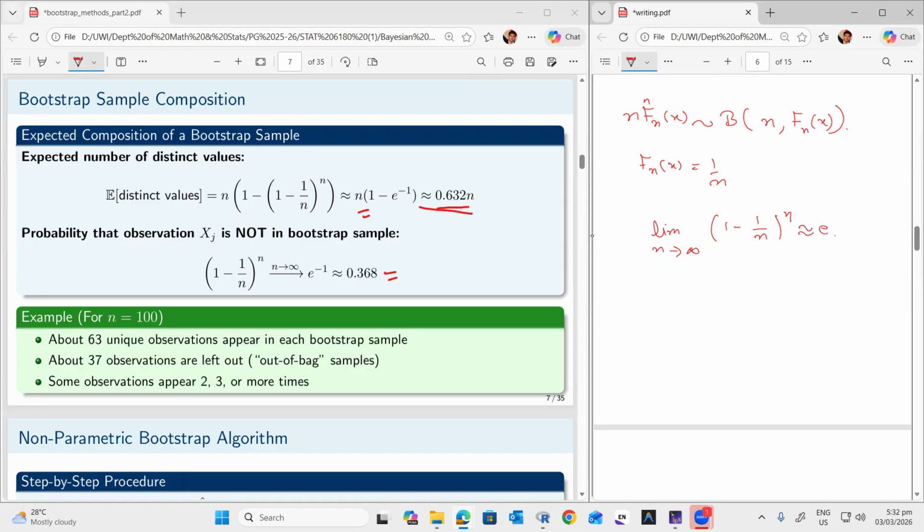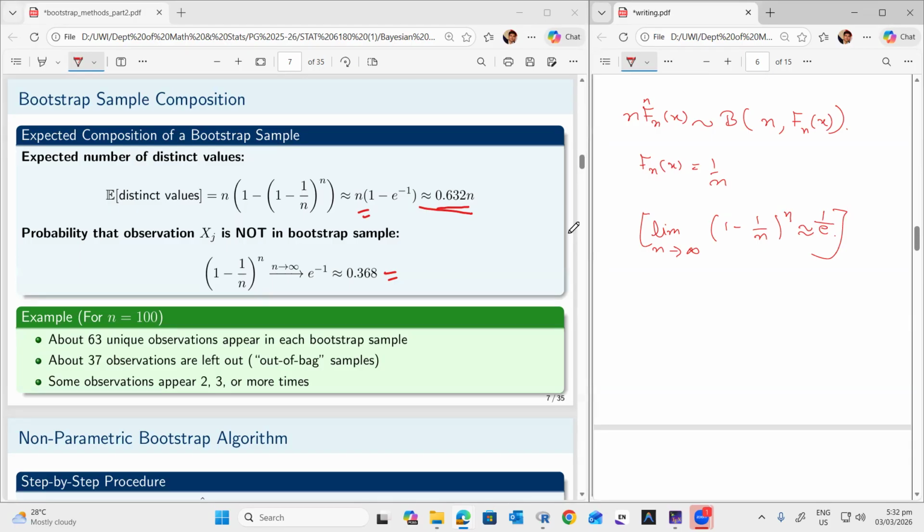So that is the fundamental limit property in calculus. When n is in the denominator as well as in the power, so we can write it as... sorry, not e. It is basically 1 upon e. All right. So that is equal to 1 upon e.